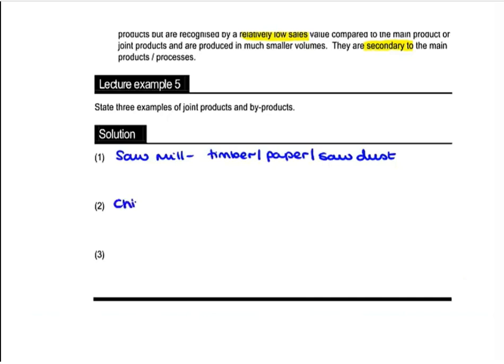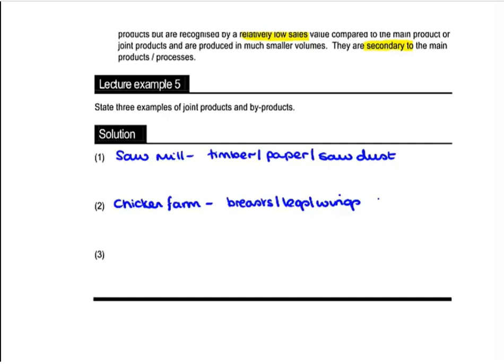We could also have a chicken farm. So the joint products will be things like the chicken breasts, the legs and the wings. All of those are going to be joint products. We can't rear the chicken for just the expensive parts. We need to have all of the different bits.